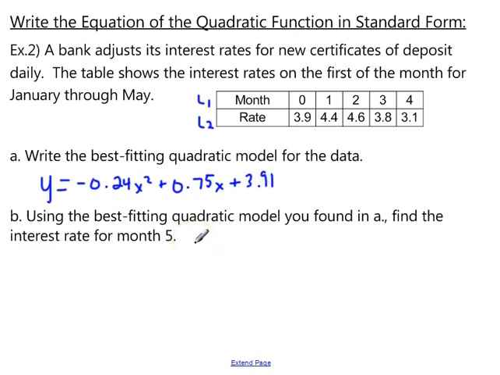It says, using the best fitting quadratic model you found in A, find the interest rate for 5 months. Remember, we used our month as our L1, which was our x coordinate. So we're just going to take our quadratic from part A, and we're going to find what the rate is going to be at 5 months.